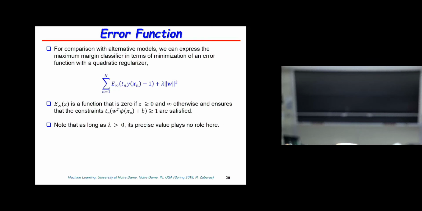So if the point is correctly classified, there is no loss. Otherwise, you make this equal to infinity. So you can work directly on the minimization of this loss function, and you get the same identical results that you get with quadratic programming.